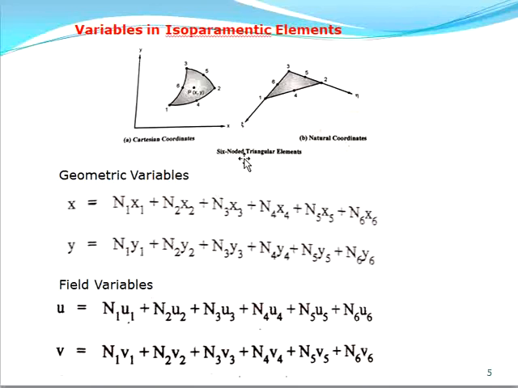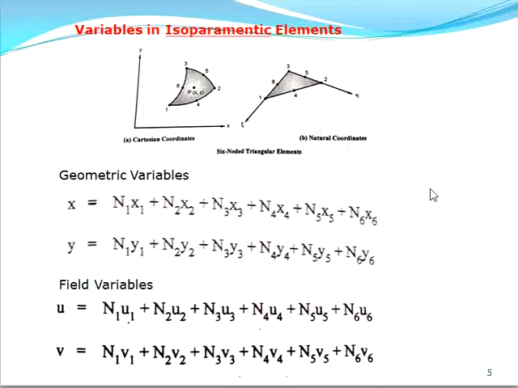The figure shows a 6 noded triangular element, meaning it has 3 sides and 6 nodes, nodes 1 2 3 on the corners and 4 5 6 on the intermediate sides. So this represents the Cartesian coordinate, local coordinate, and the second figure represents the natural coordinate in terms of zeta and eta.